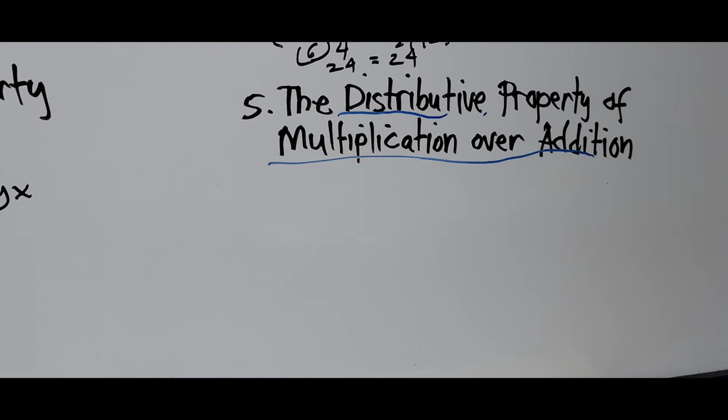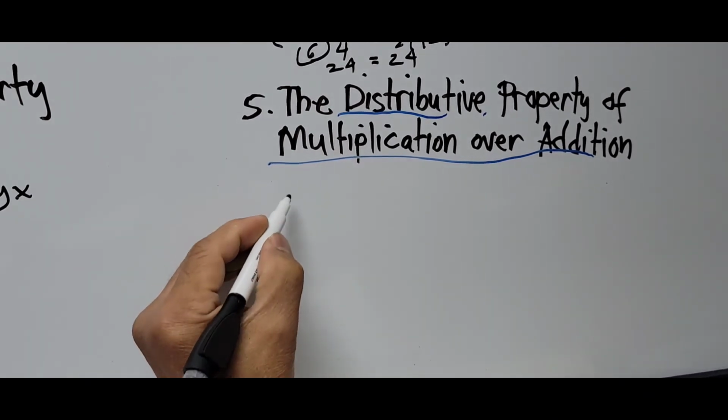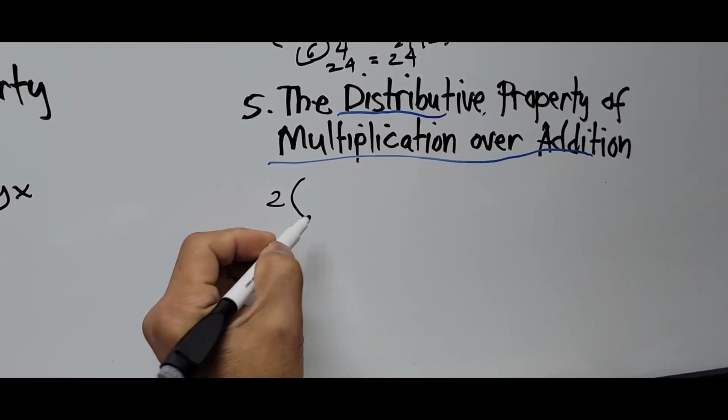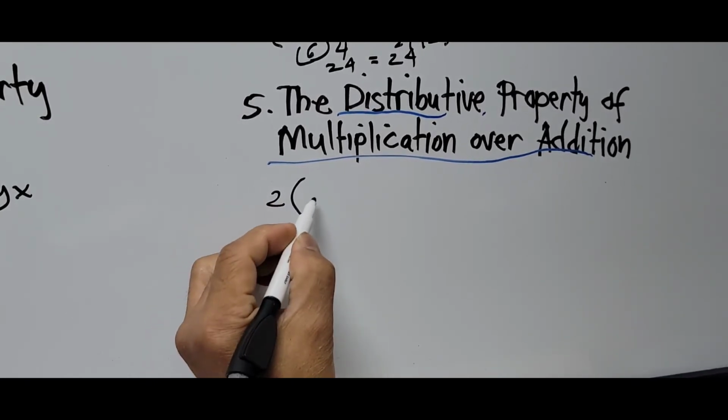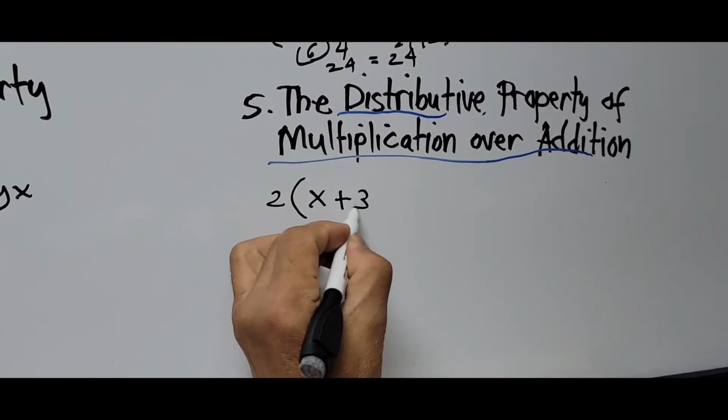It's stated like this, that when you multiply a monomial expression, let's say 2 times a binomial expression, such as parenthesis x plus 3, let's just write it down on the board. Let's just say 2 times x plus 3.